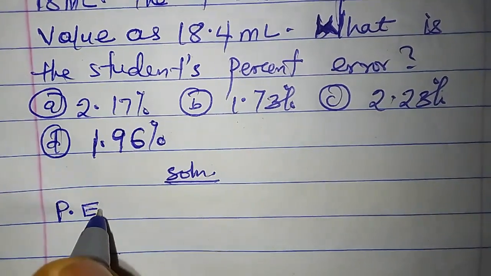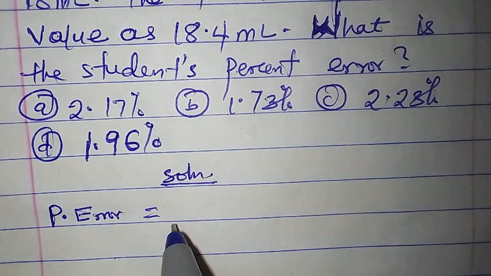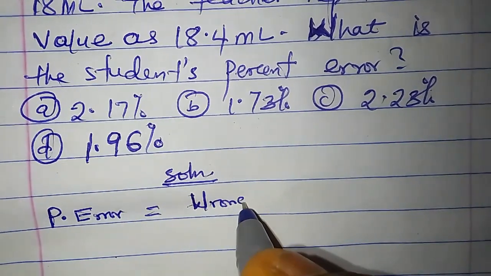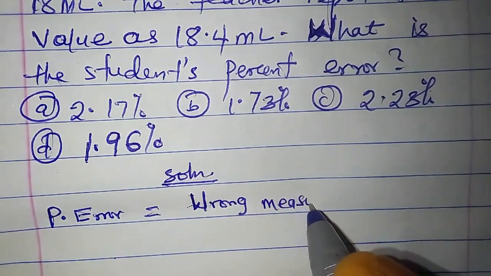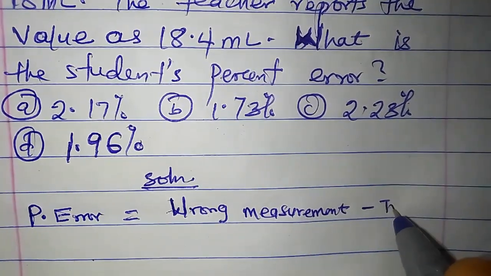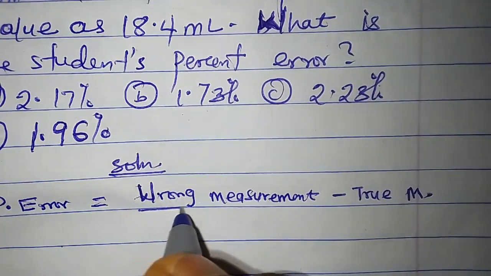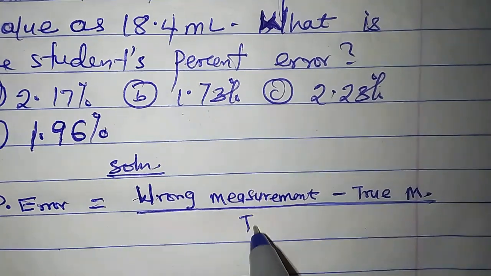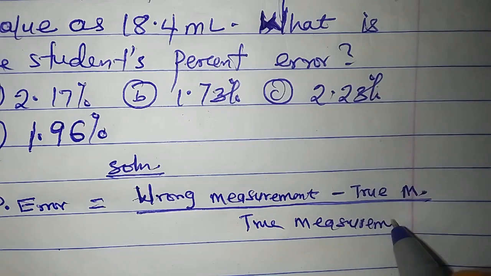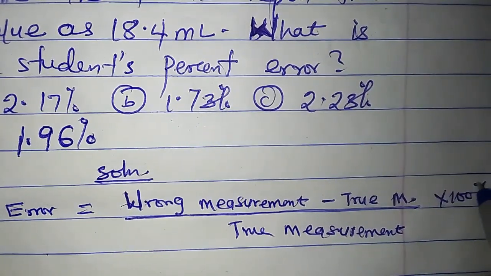Percentage error is equal to the actual error, and the actual error is wrong measurement minus the true measurement, for short, all over the true measurement, then times 100%.